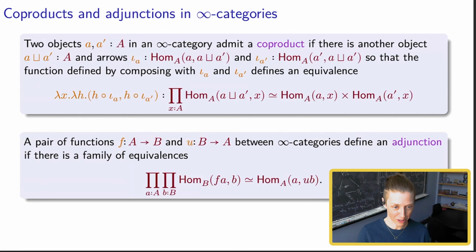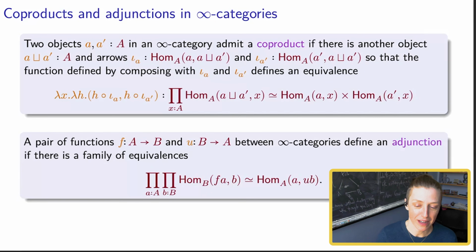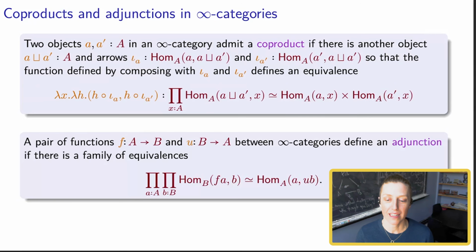Any function between infinity categories is really a functor. And what it means to be an adjunction is just that I have this family of equivalences. For all little a and all little b, the type of arrows from f of a to b is equivalent to the type of arrows from a to u of b.